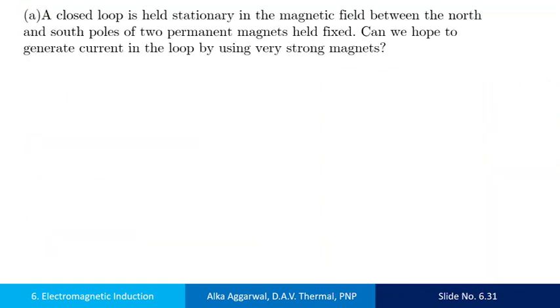Now the question: a closed loop is held stationary in a magnetic field between the north and south pole of two permanent magnets held fixed. Can we hope to generate current? As the loop is stationary, it means no change in the area of the loop.